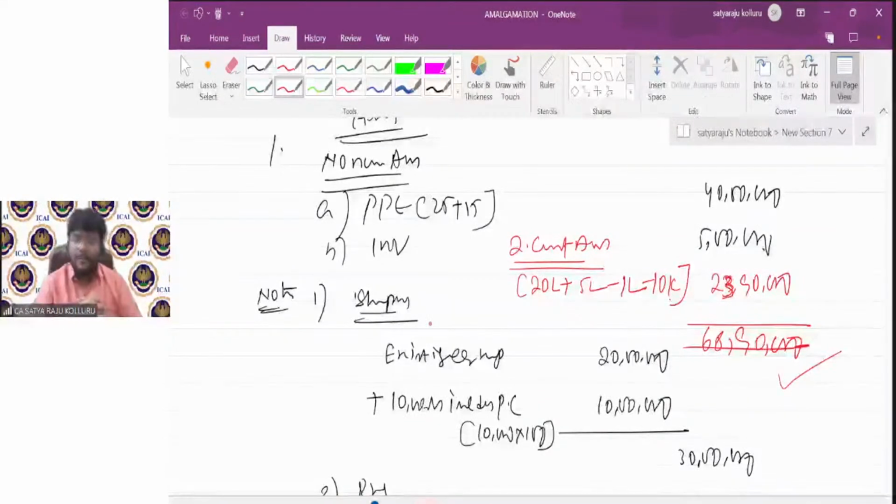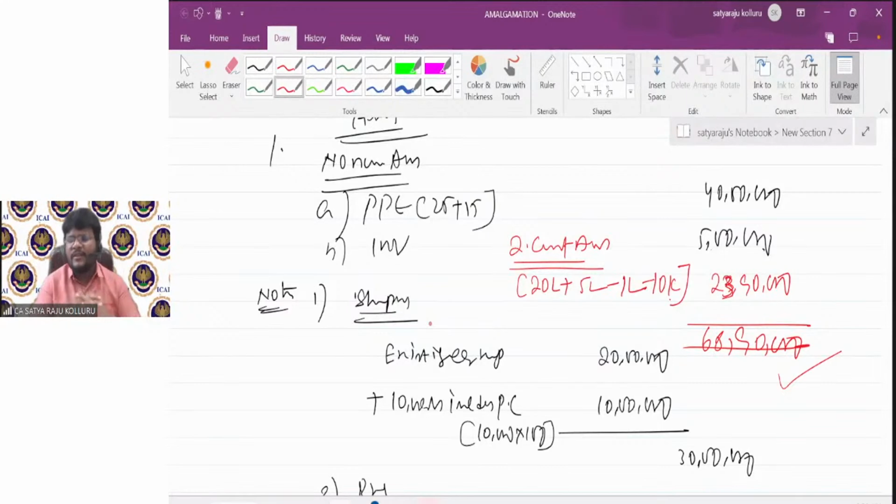Total 5 problems we successfully completed. Guys, in theory part, I explained everything except one thing. If the amalgamation is amalgamation in the nature of merger, then in the books of purchasing company, we should need to adopt pooling of interest method. So in the next class beginning, I'll explain the theory related to pooling of interest method.